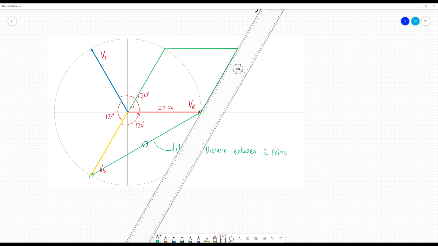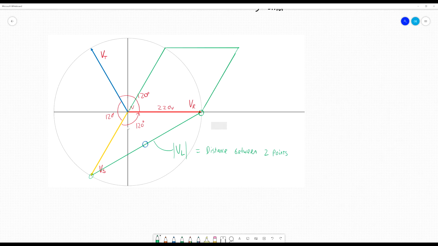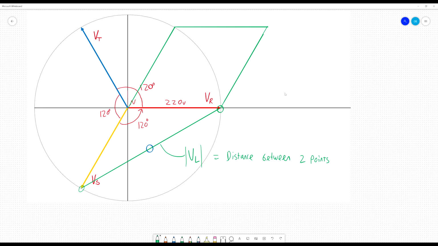Right. What I now have here is a parallelogram. All I've done is copy the vector VS from down here up to here twice, and then I've copied the vector VR as well.